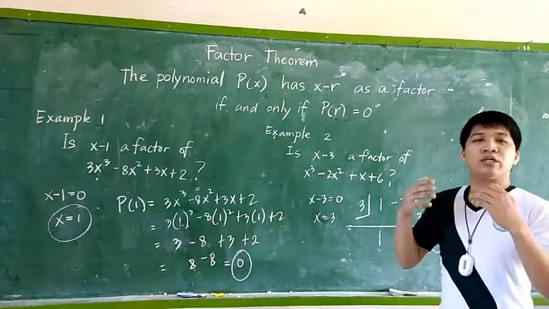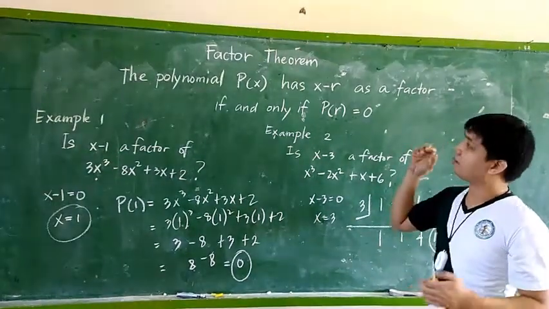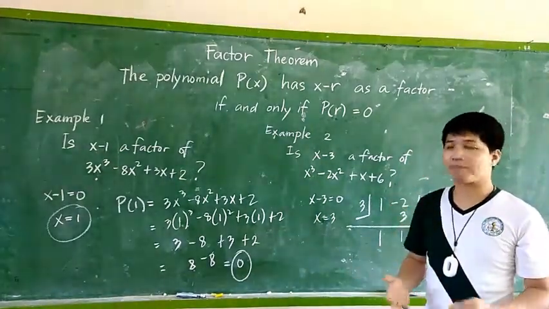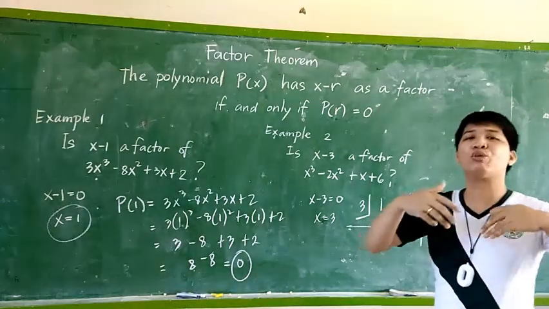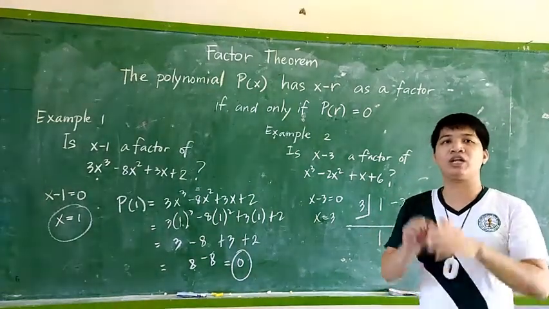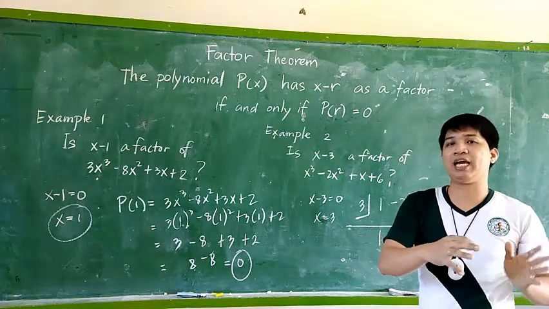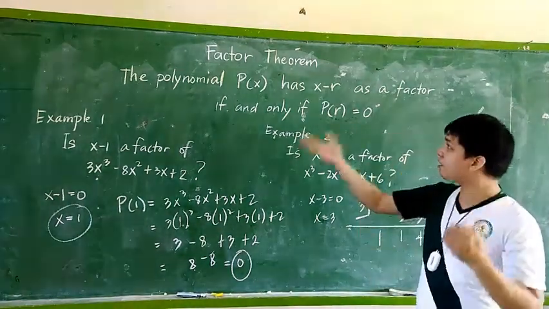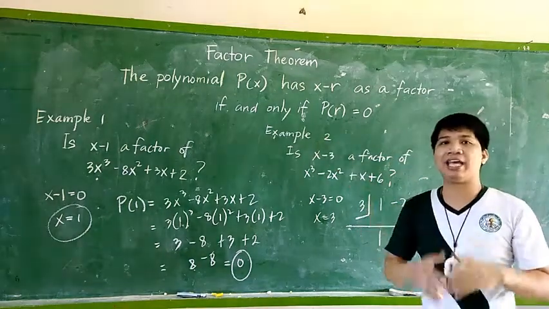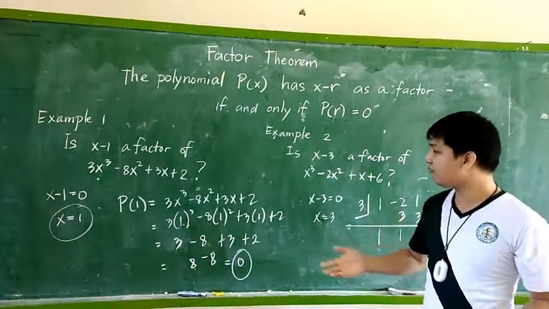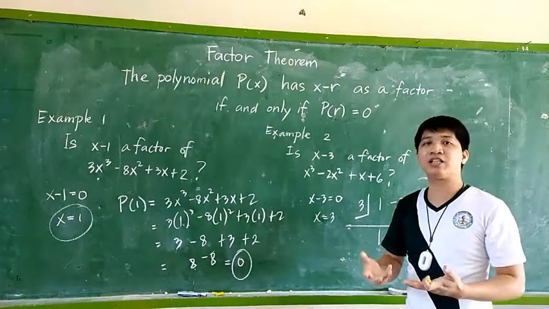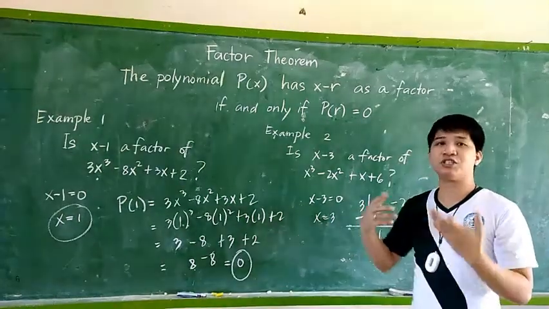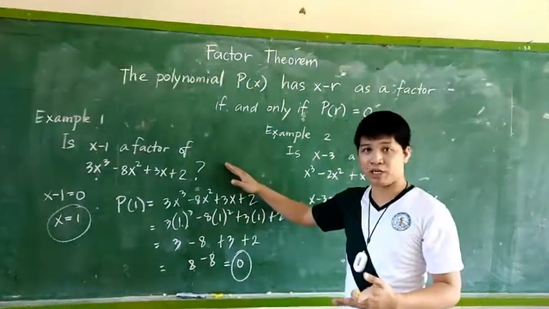To summarize our topic all about the factor theorem, we need to apply what we have learned about the remainder theorem. And what is that? If a given polynomial is divided by x minus r and the remainder is 0, then it is considered a factor of the given polynomial.